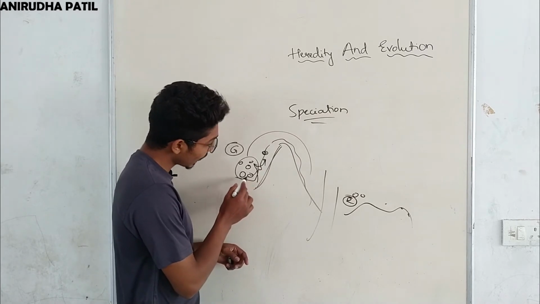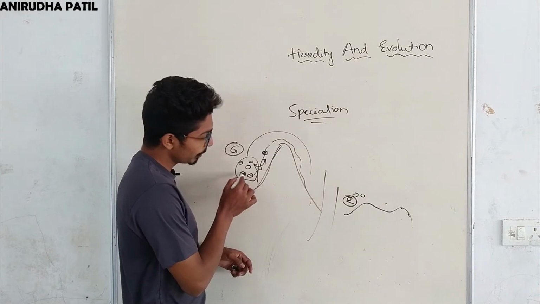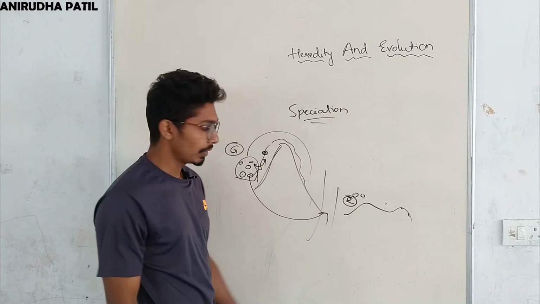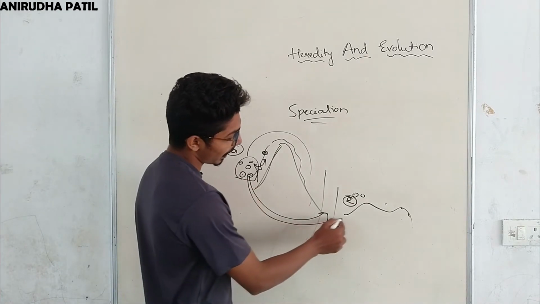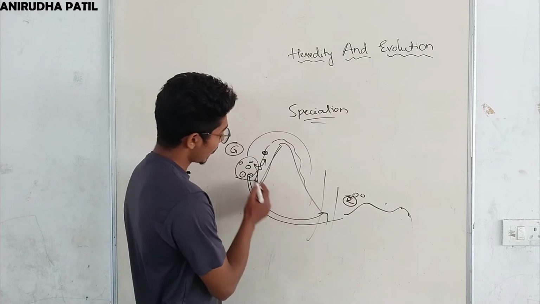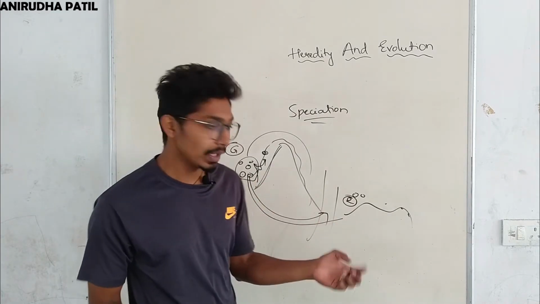This may trigger these beetles to travel far, crossing this river. Some beetles may travel, some may remain here, some may die of starvation, and some may reproduce with them to give rise to a new generation with new variations.